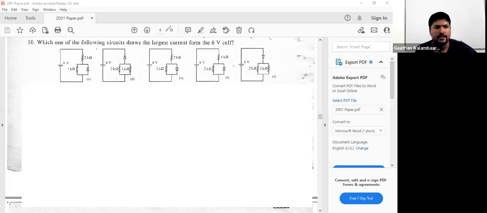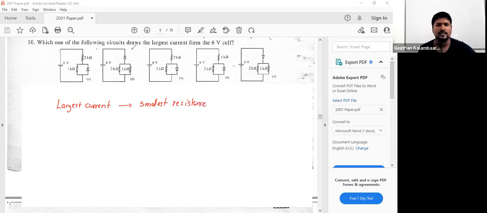Question number 50. They're asking which one of the following circuits draws the largest current from a 6 volt cell? Which one draws the largest current? So we can say the largest current is drawn by the one which has the smallest resistance.